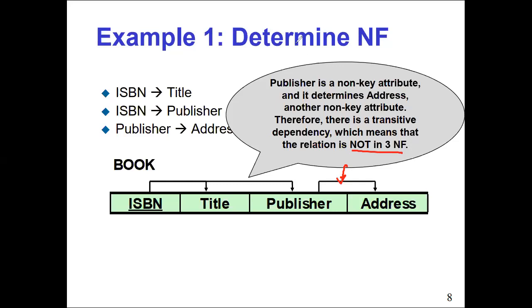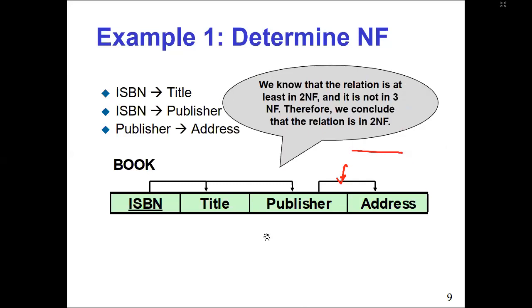It is very simple in finding the cases. Now you can see, we know that the relation is at least in 2NF and it is not in 3NF. Therefore, we conclude that the particular relation is in second normal form.